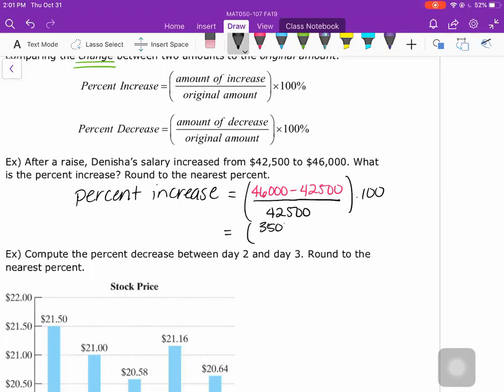So that is the amount of increase. We're dividing it by the original. And then you take that ratio and you multiply it by 100 to convert it to a percentage.